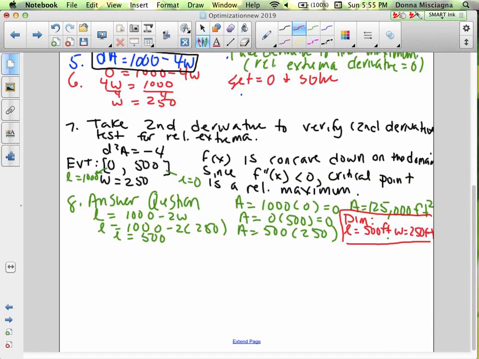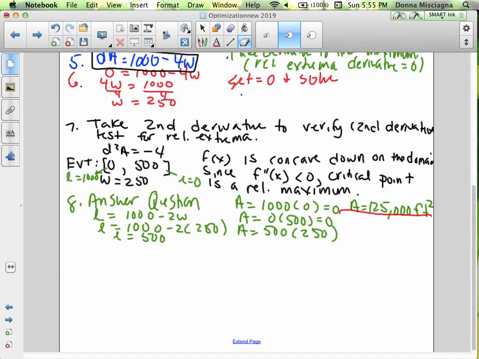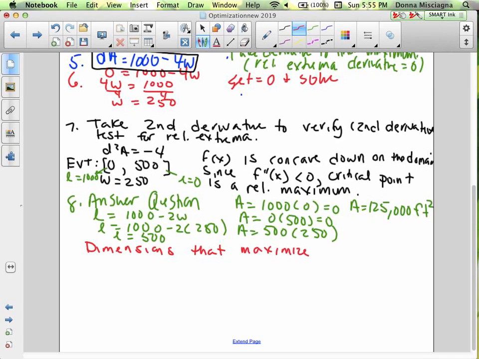Don't just squeeze it in there like I did, because an AP grader might not know what you mean. If you say clearly, dimensions that maximize area are a length of 500 feet and a width of 200 feet.